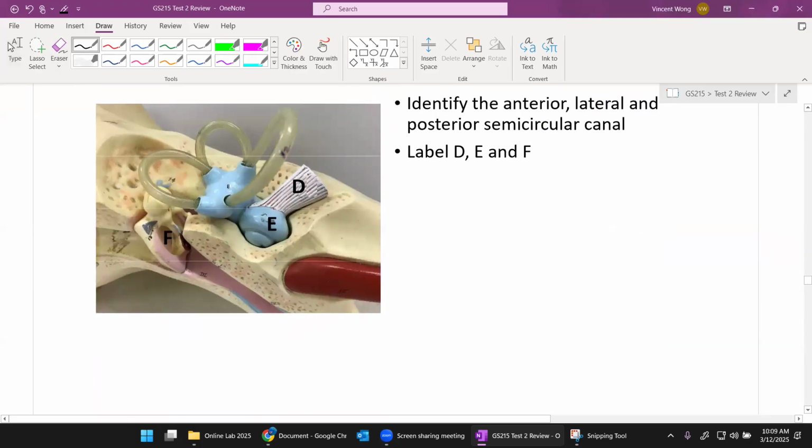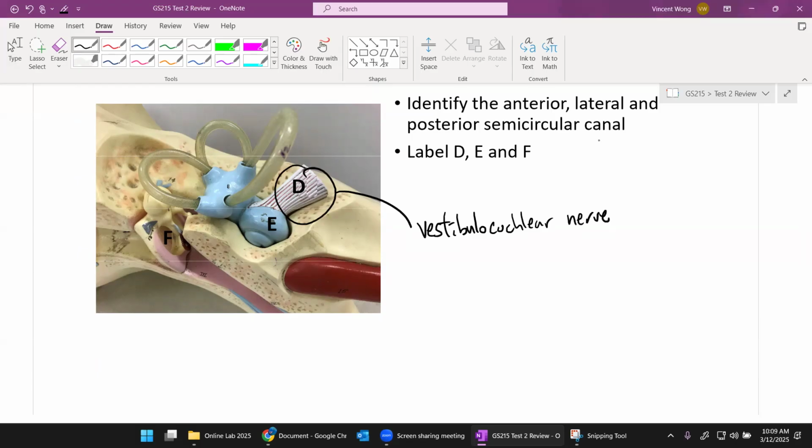Over here, D, we have the vestibulocochlear nerve. It's actually two nerves that are kind of merged together. The vestibular nerve carries information from the vestibule related to body acceleration, speeding up, slowing down, falling down.